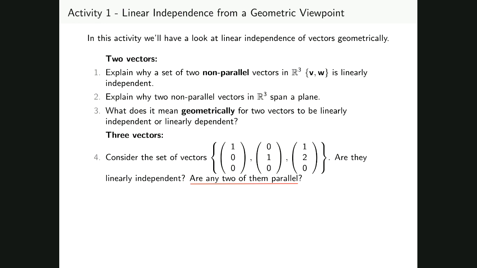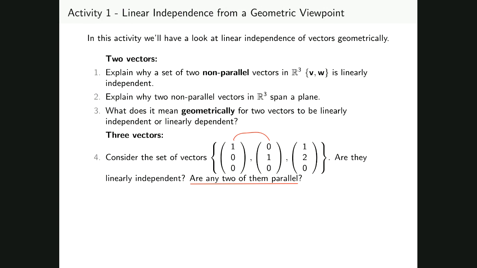To answer this, I have to look at the vectors and ask, can I obtain one as a multiple of the other? I look at these and say there's no way that any multiple of this first one will give me a 0, or that a multiple of this 0 will give me a 1. Okay, so I can identify those two vectors as non-parallel.